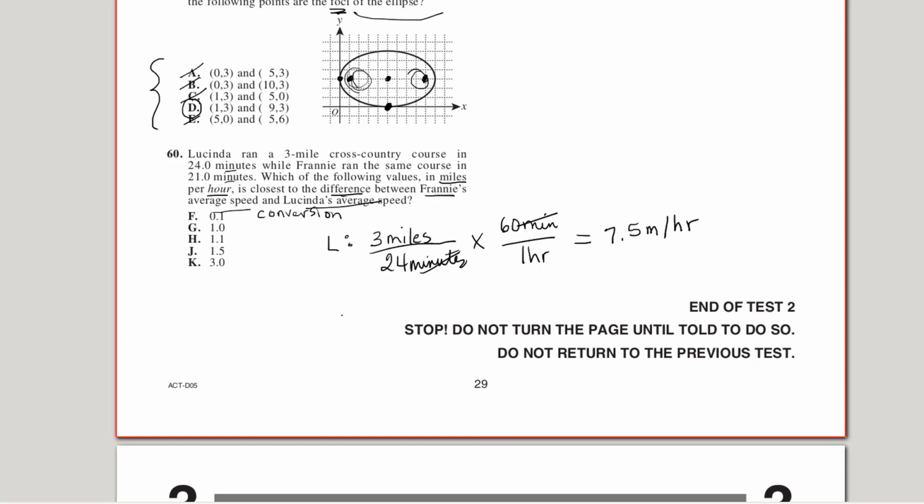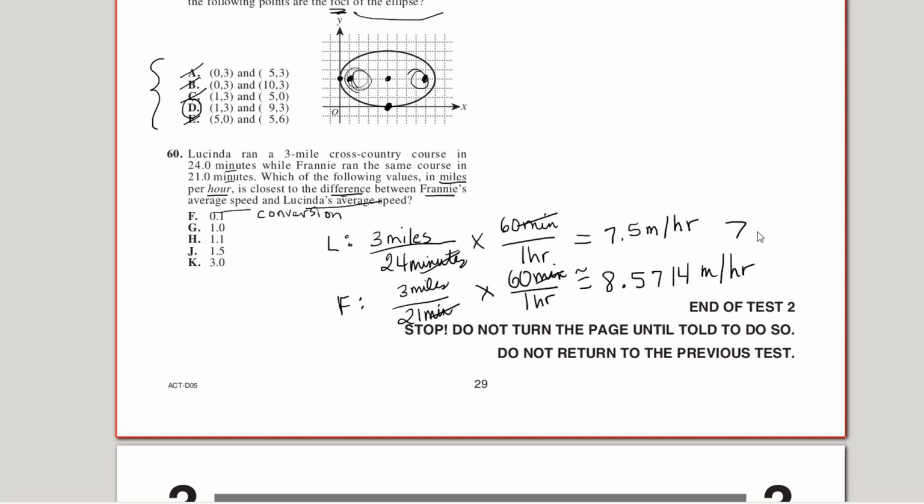Now for Franny, she's also going 3 miles, but her time is in 21 minutes. And we need to do the conversion of 60 minutes in 1 hour. And when we do that calculation, we're going to come up with 5714 miles per hour. I'm going to keep this value in my calculator and then subtract because we're looking for the difference.